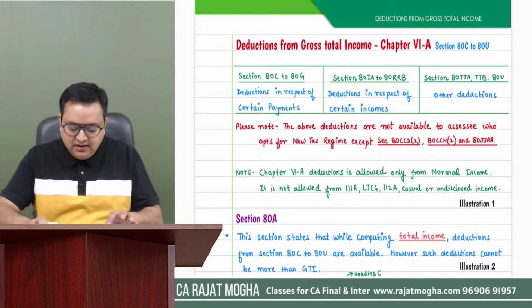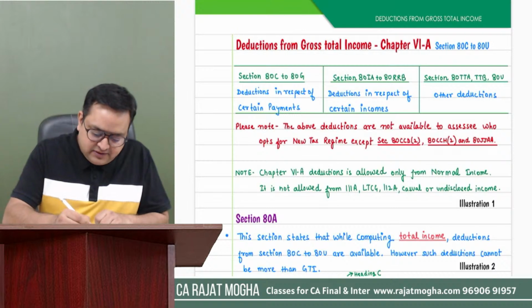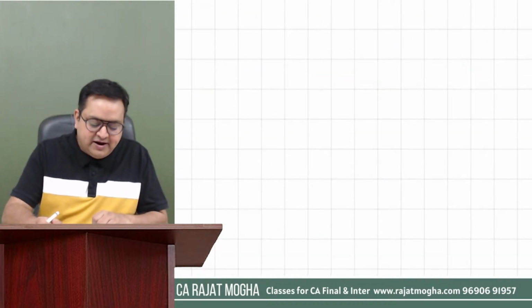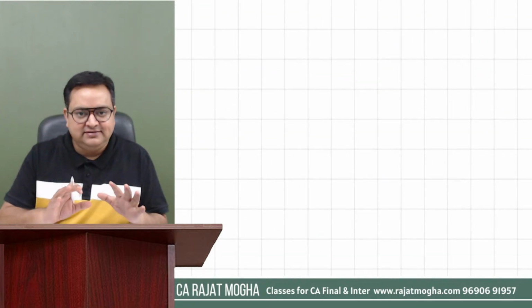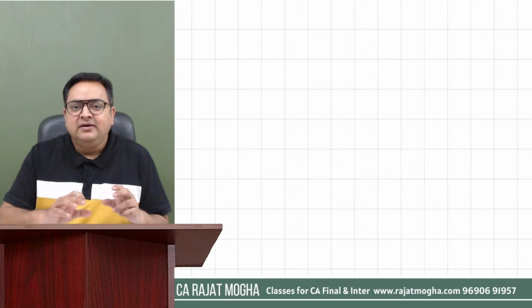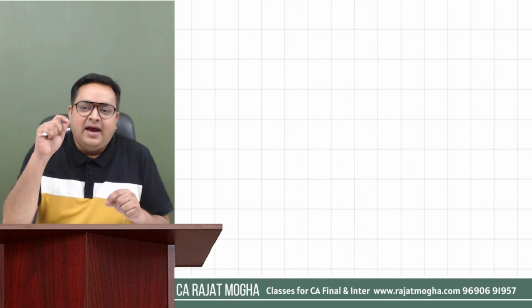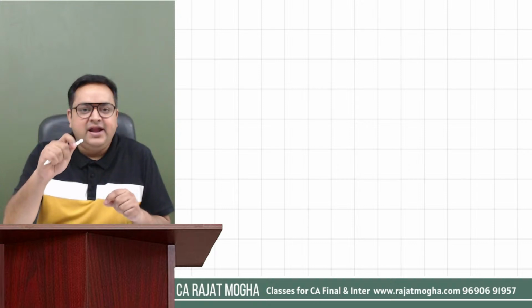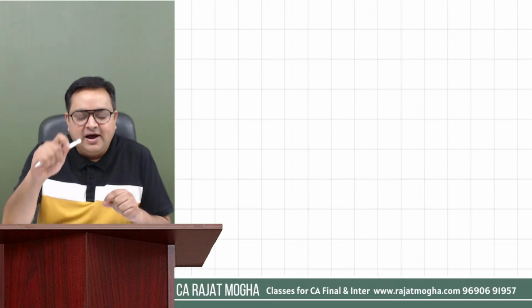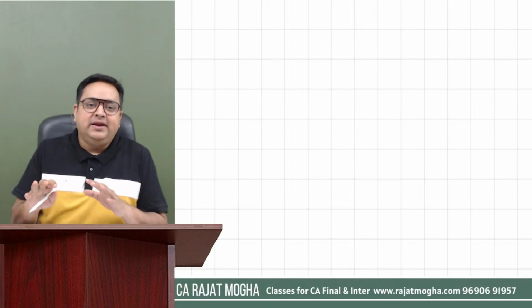Okay. And I would also like to emphasize the point that we are doing Chapter 6A, 80C to 80U. So these are called deductions which are allowed, right? And these deductions are allowed only from our normal income.